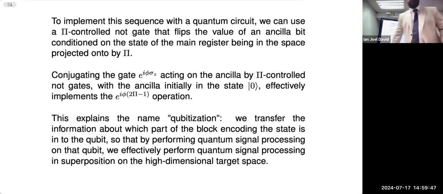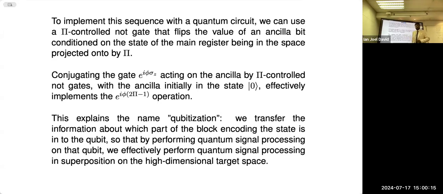Okay? And if we conjugate these rotations, if you remember in signal processing, we had a Z rotation. So if you conjugate it by these pi-controlled NOT gates with the ancilla initially in the state 0, and conjugating just means if I have this e to the phi sigma z, you put a pi-controlled NOT gate on one side, and another pi-controlled NOT gate on the other side.